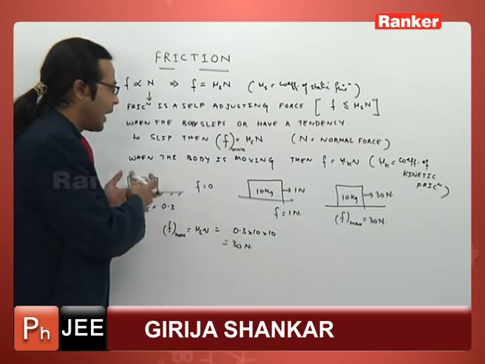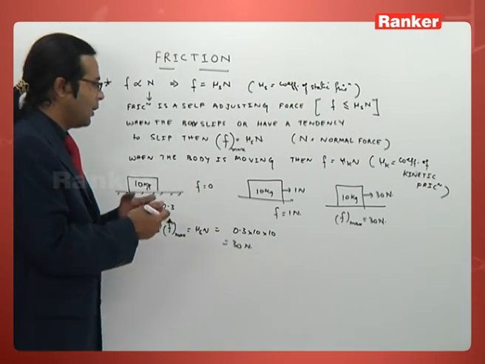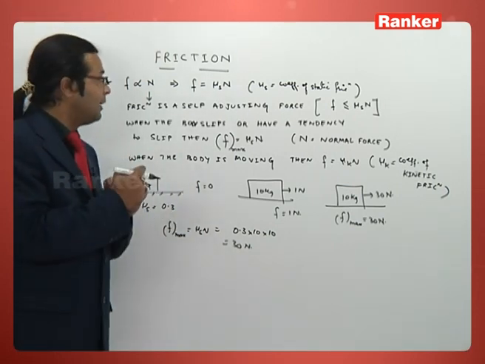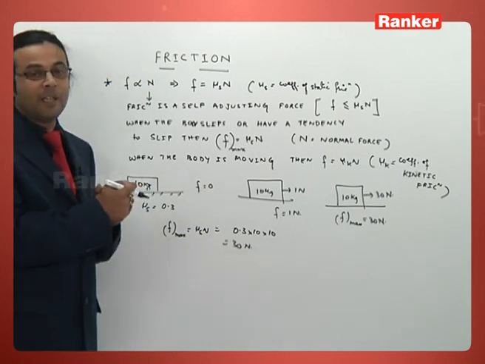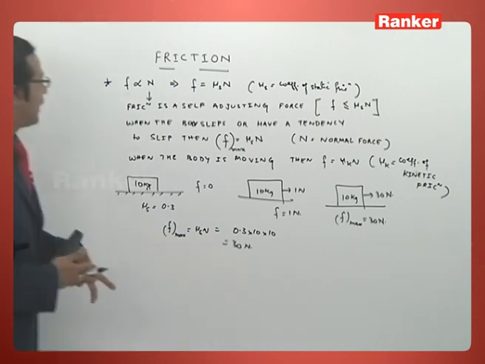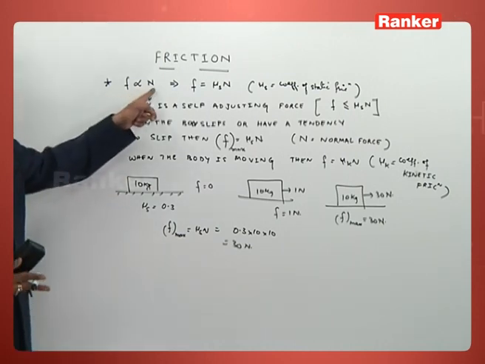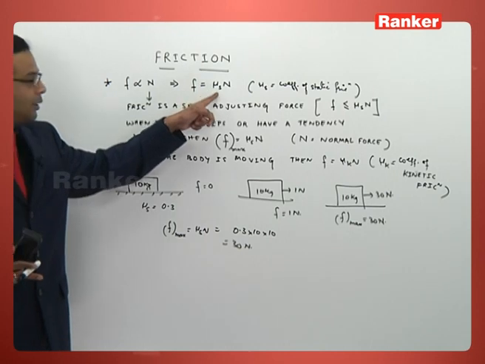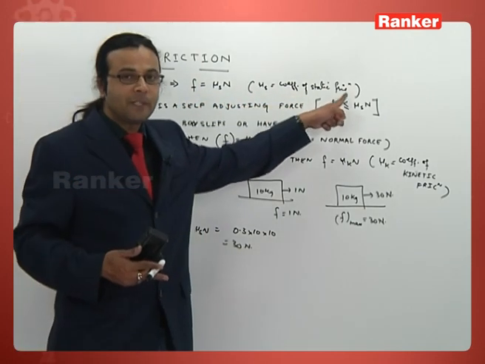These are the very simplest cases, where frictional force is 0 and so on. The problem mainly involves when the body is kept on other bodies. F is directly proportional to the normal force, F is equal to mu s into N, where mu s is the coefficient of static friction.